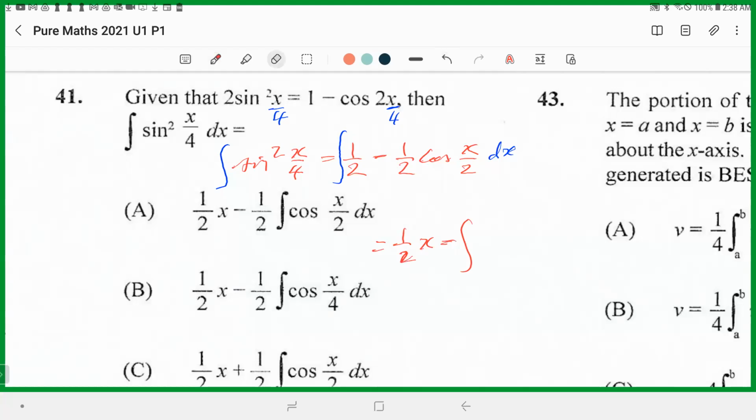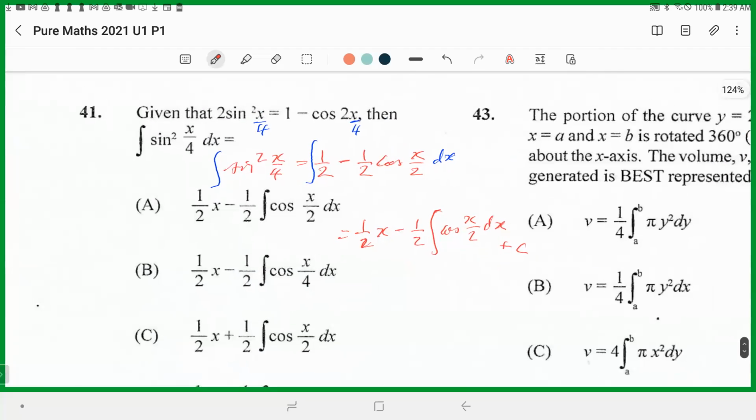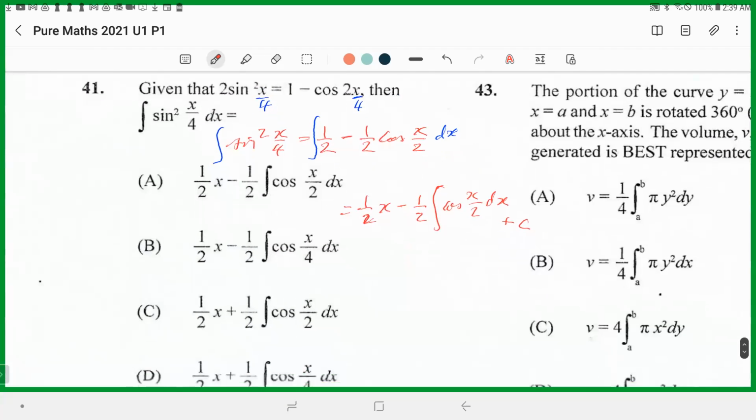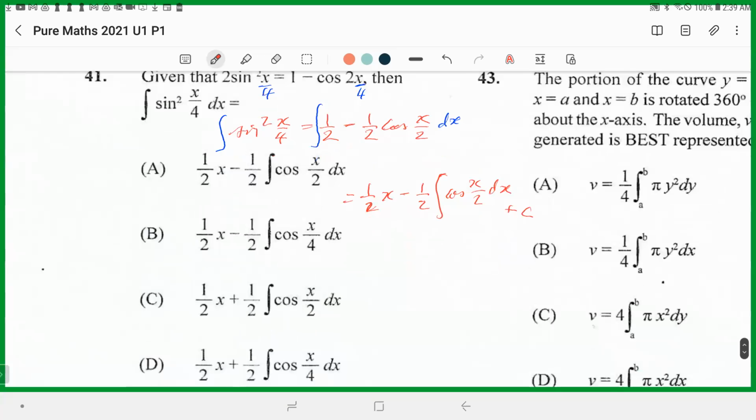We can put the half outside, multiplying constant. Then you add your constant. So you can put that answer right there, which is the second one, B.